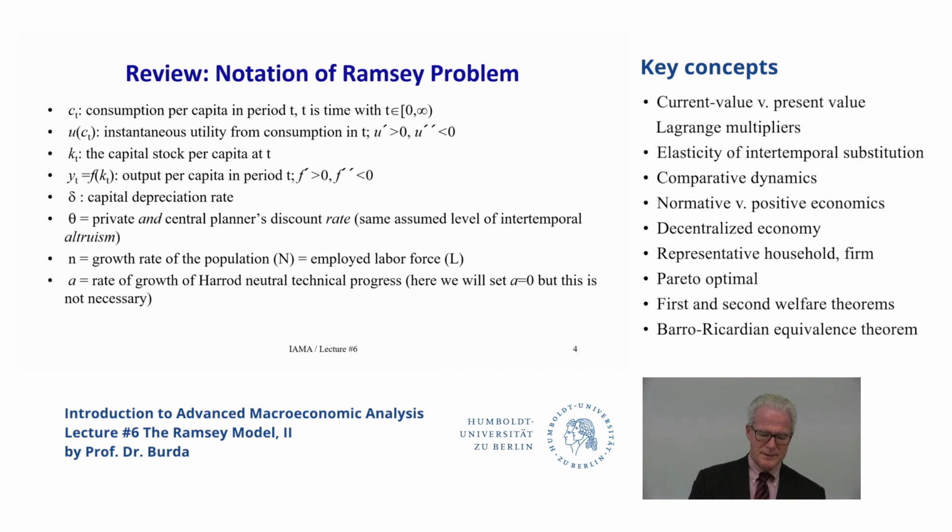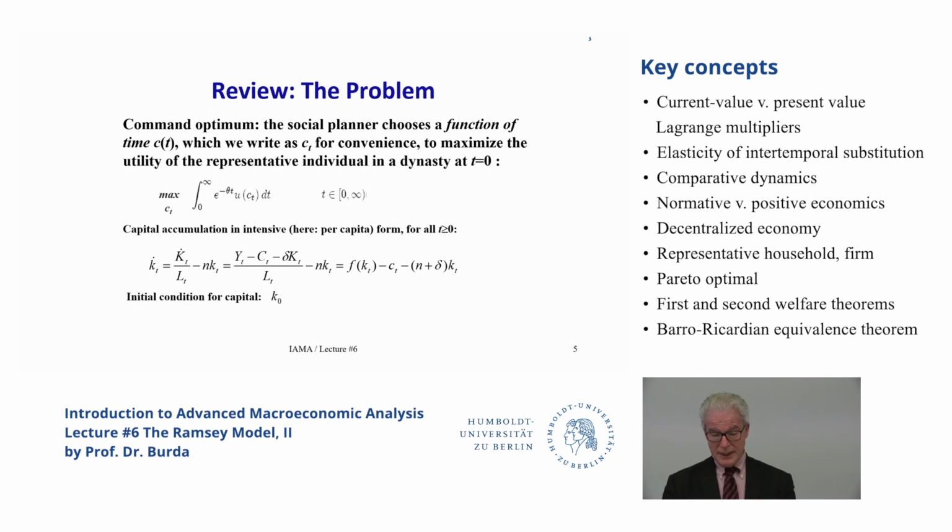So one way of thinking about this is that people have altruism over future generations, even though they're unborn, but they're treated as if they're the children or the offspring of the private decision maker or the central planner. Okay, so that's just a review of the notation.